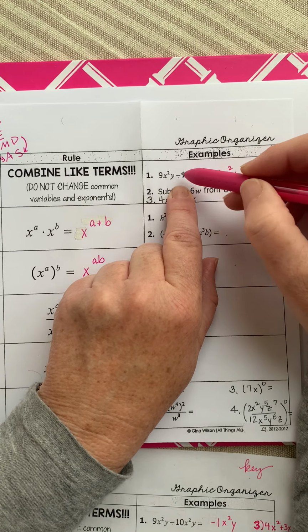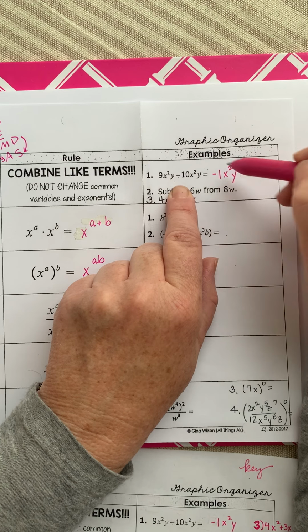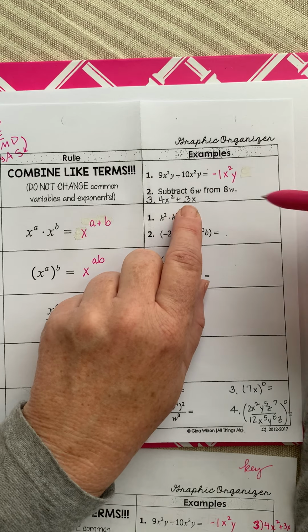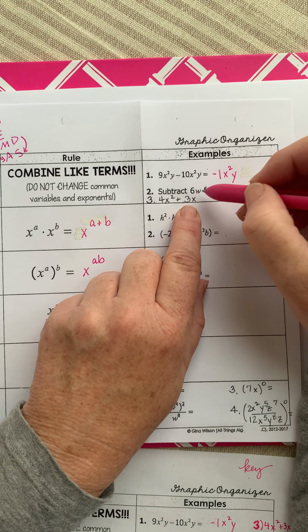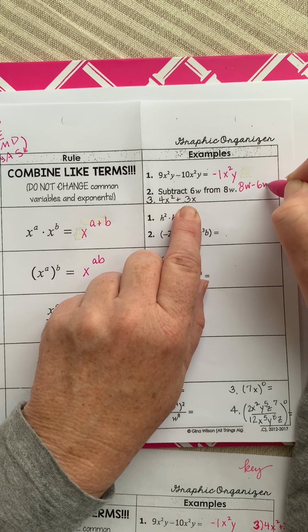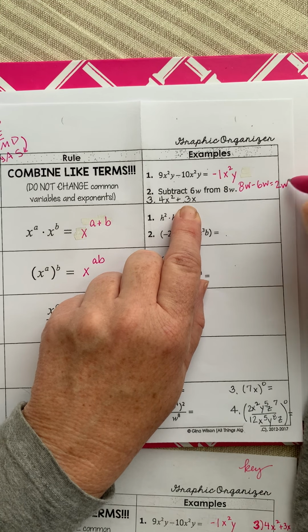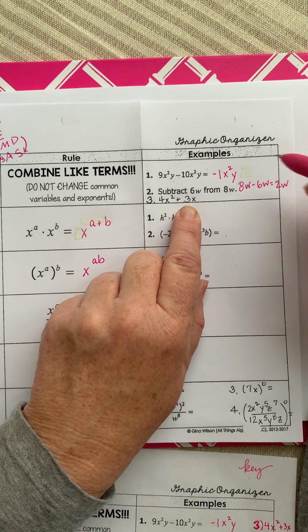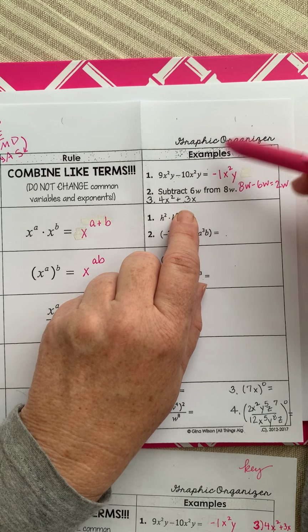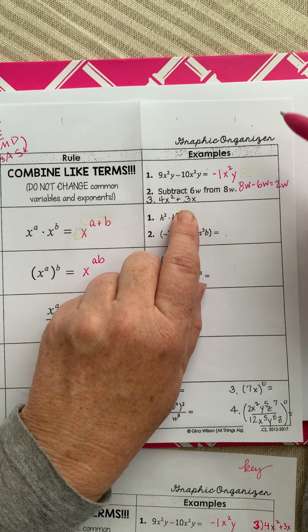So all I did was combine the like terms. I did not change any exponents. Okay, same thing here. If I'm subtracting 6w from 8w, 8w minus 6w is 2w. Don't change any exponents if you are not doing anything other than adding or subtracting, okay?